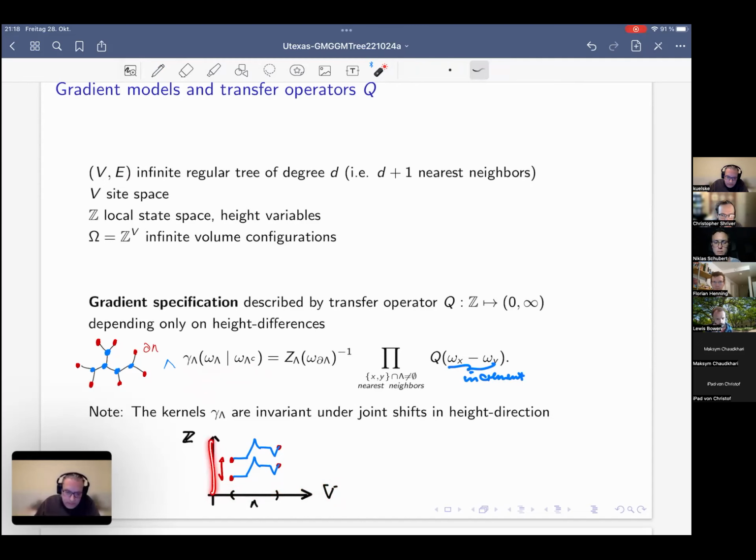Then you have this local state space Z. And so an infinite volume configuration is like this. And so there's, of course, the invariance due to this formula that if you shift in the height direction, the boundary conditions, so these red points are supposed to mean the boundary conditions, then this thing has the same probability as this for the shifted boundary condition. So we have this invariance.